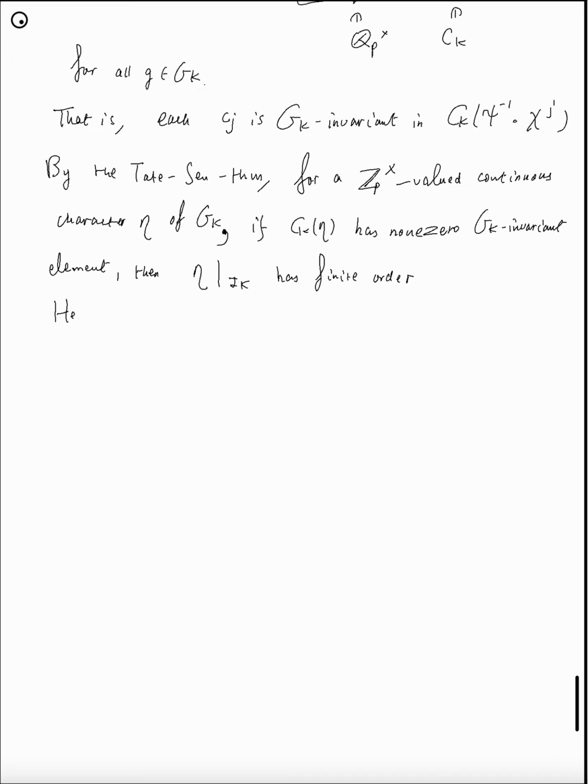Hence, as each Cj is inside this Gk invariant part of this character, its restriction to IK has finite order if those Cj are non-zero.